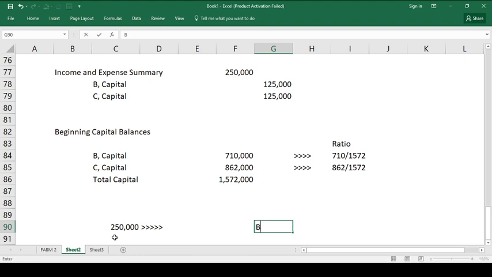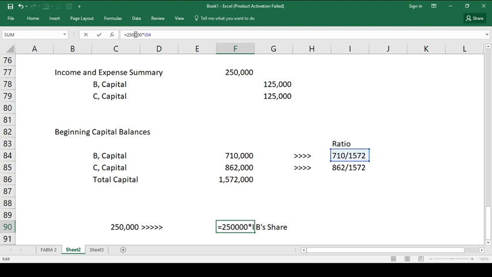Okay, B's share on net income would be, sabihin natin, 250 multiply the ratio na ginawa natin, that is 710 over 1572. Okay, ano nangyari at hindi siya gumana? Okay, palitan po natin yung C90 into 250,000.